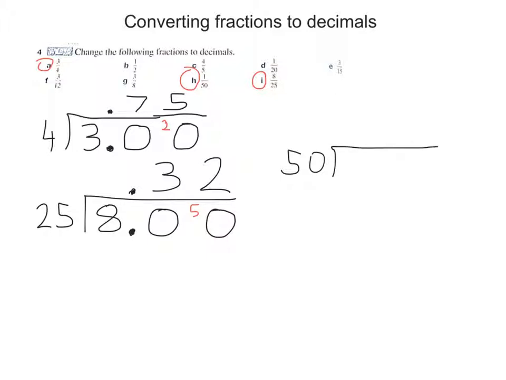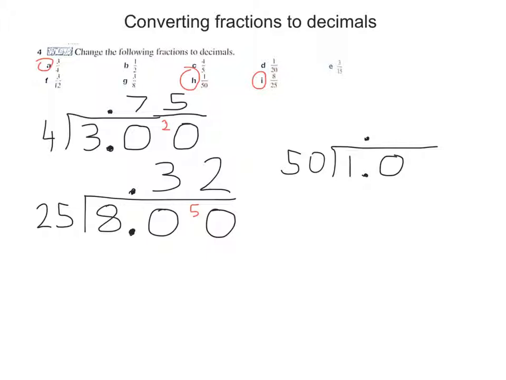Now the next step is to write the numerator on the inside of the division sign and include a decimal point after it. It may be a good idea to immediately put the decimal point above the division sign as well, so you don't forget. And then after we put the decimal point behind the numerator, we'll just add a 0 after it there.